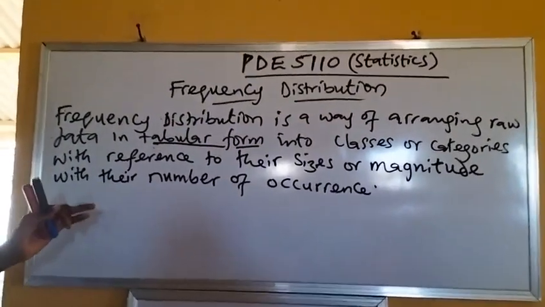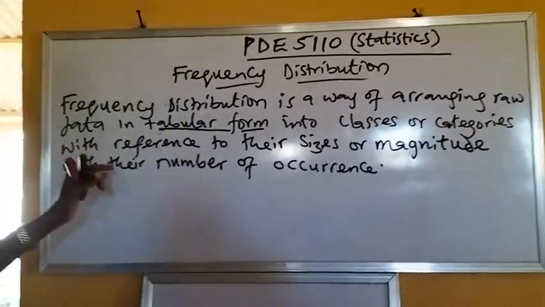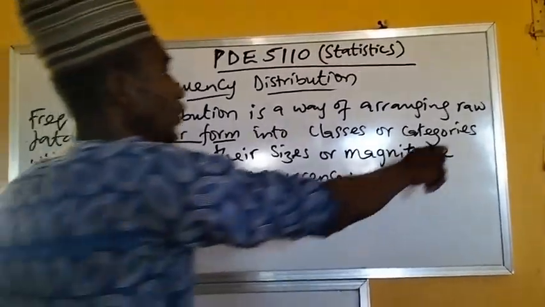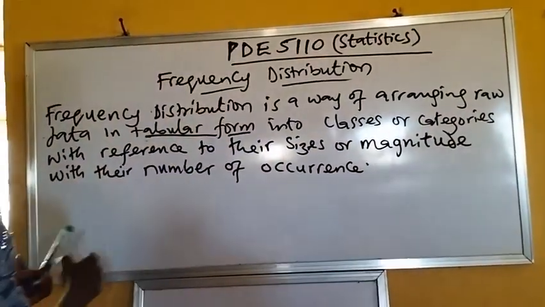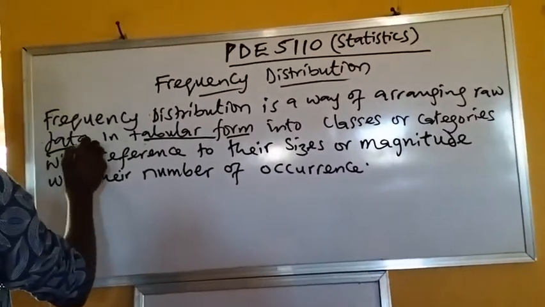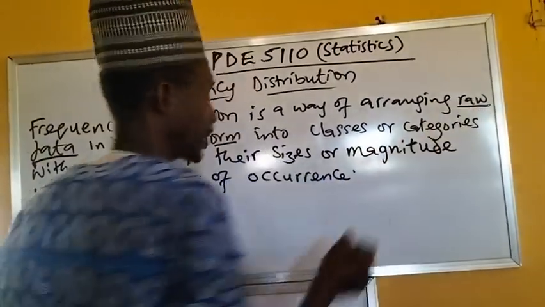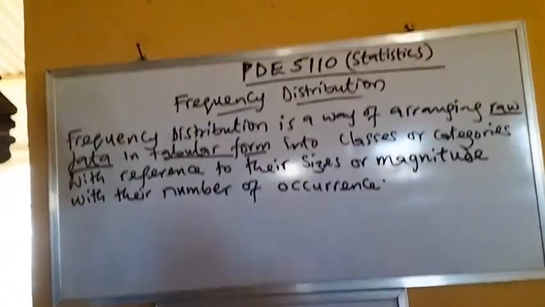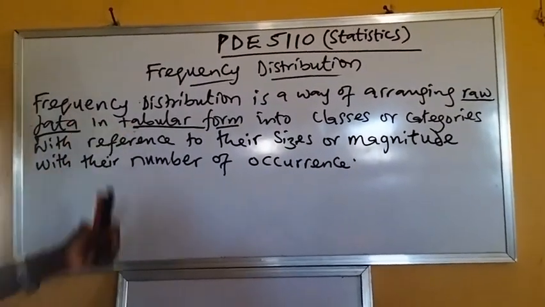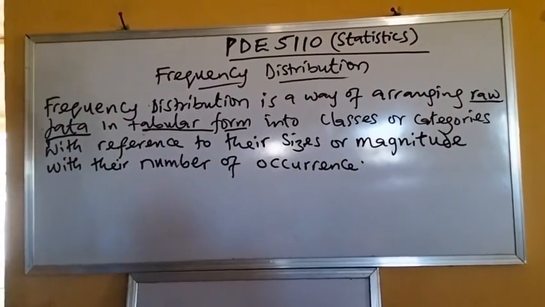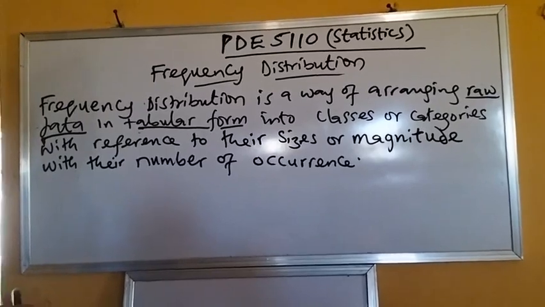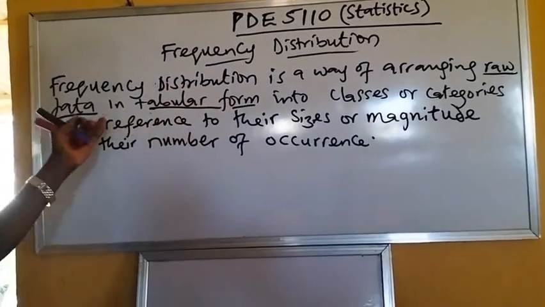Now, there is one thing I want us to understand. We see raw data. To a layman, you are seeing this definition for the first time, and you have not come across what is known as data before.